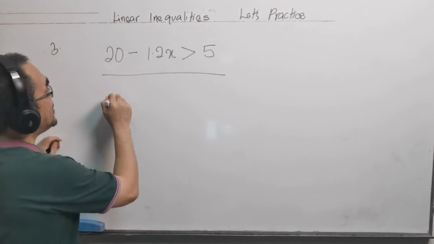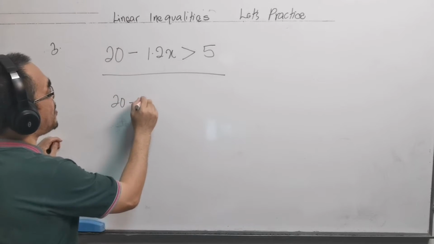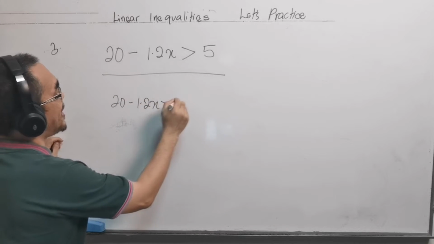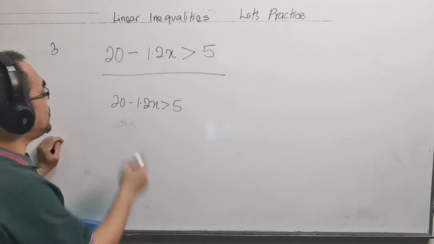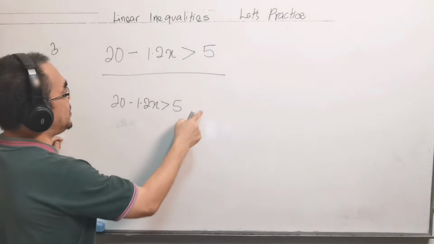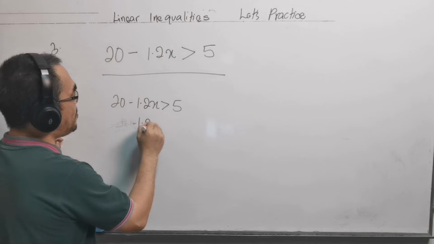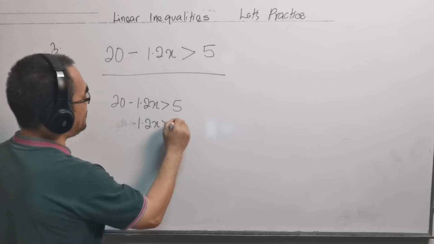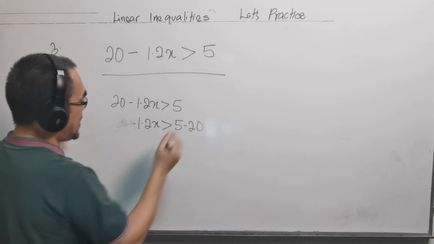So we say 20 minus 1.2x is more than 5. So what I'll do, I move that 20 to the other side. So negative 1.2x is more than 5 minus 20.